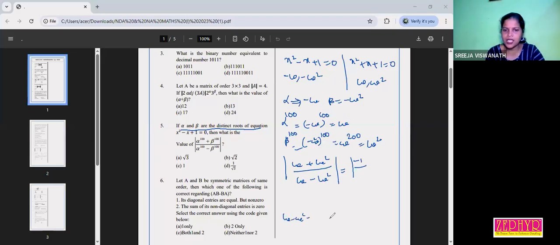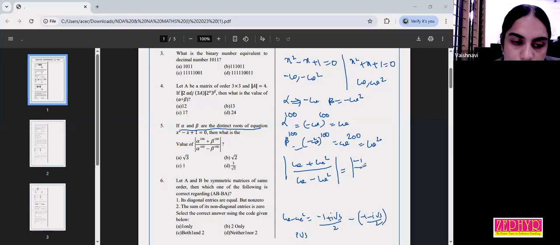Omega minus omega square is (-1 + i root 3)/2 minus (-1 - i root 3)/2. While opening the bracket, -1/2 and +1/2 are cancelled. 2i root 3 by 2, that is i root 3, right?